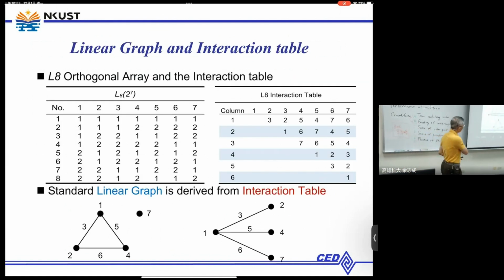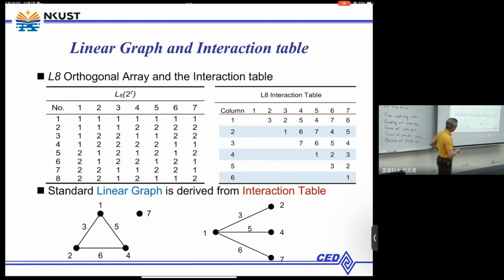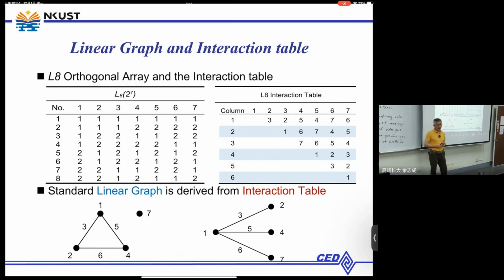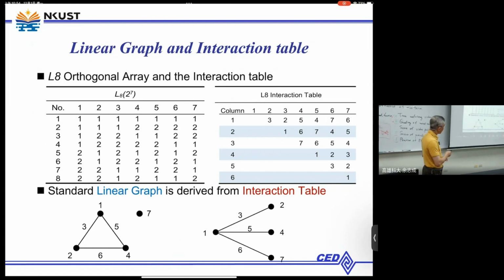So here, we can compare this linear graph with the interaction table. You can find out these are compatible, okay? And this linear graph is only one or two of the special cases you can come up with from the interaction table. Let's look at the linear graph on the left.